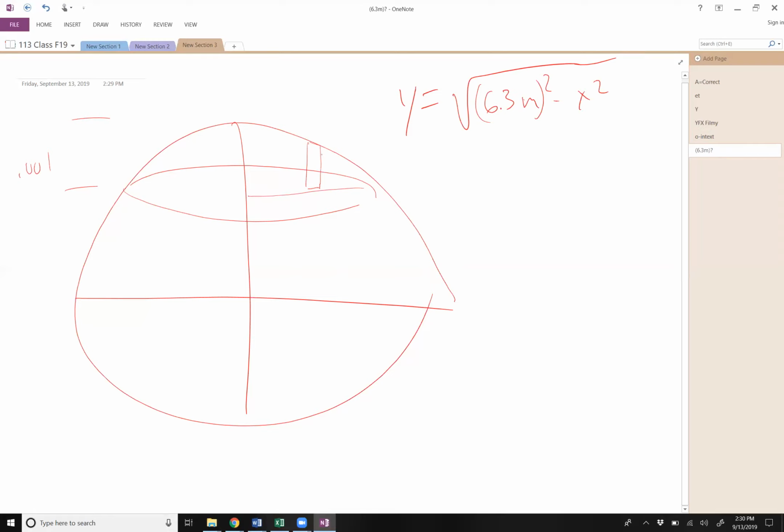So I'm picking an arbitrary x, and I'm going to try to set this up. I'm going to think about, out of this arbitrary x, if I take a height and a little thickness, delta x, and spin it around, I'm going to get something that looks like a shell.